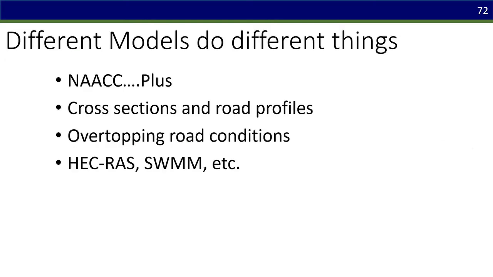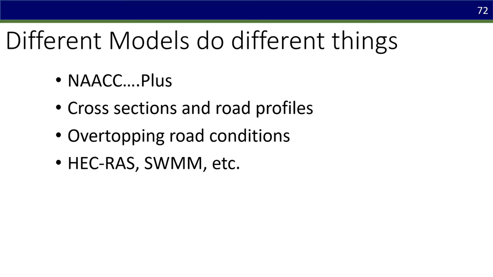One of the things we're finding is that some of our partners and some of the practitioners within the region are adding some additional data to their field assessments and their field measurements. We sort of call that NAC plus, where they have additional cross-sectional data or additional geometry data in the channel coming into the culvert.